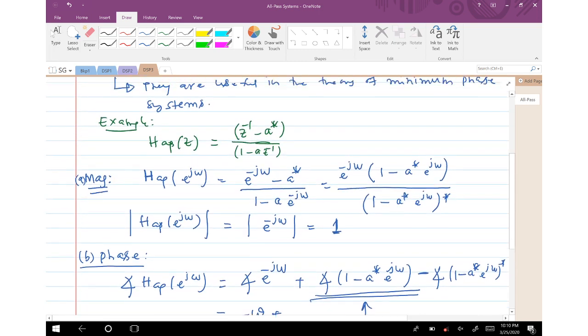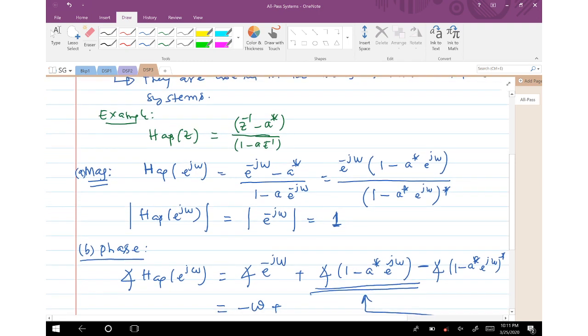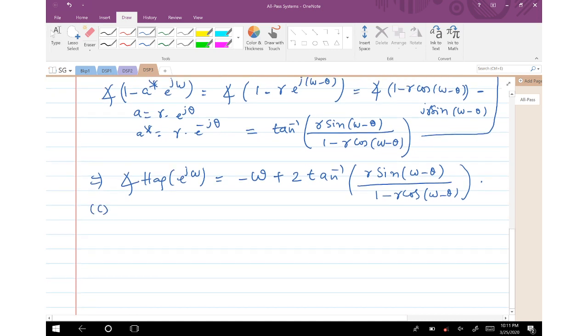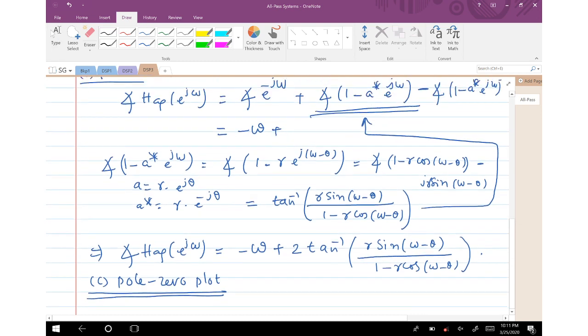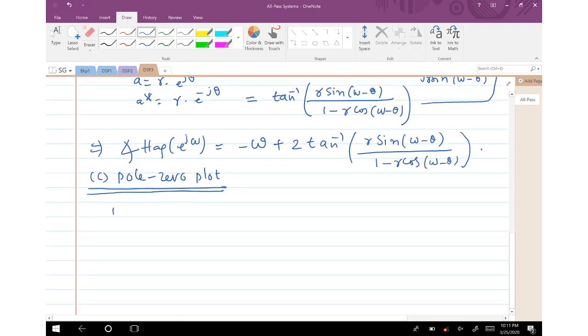We had a look at this given function, its magnitude, its phase, and now let's see its pole zero plot. Let's start with the denominator of it. The denominator is 1 minus a into z power minus 1.